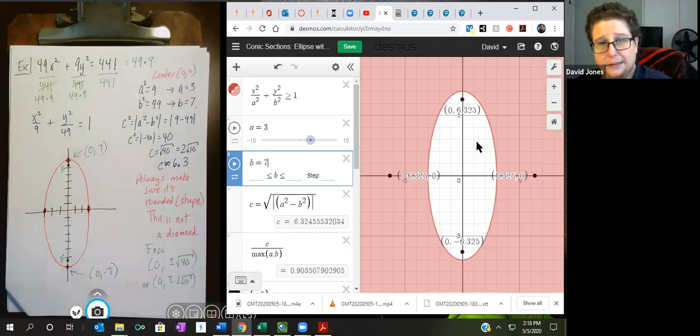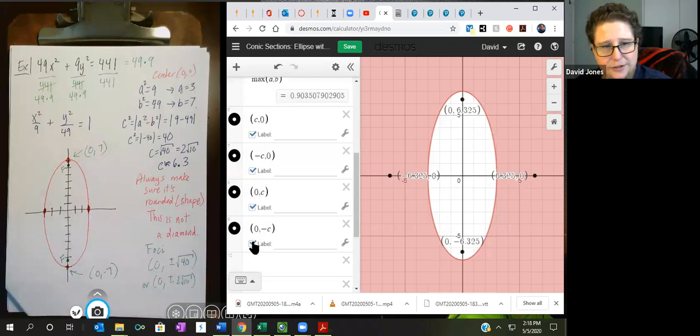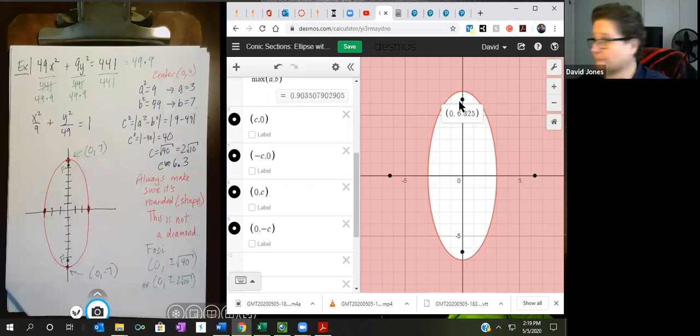That looks right. I'm going to take those labels off. Those are distracting. We can see the points. They're big black points. You put your cursor over it, it tells you where it's at, or you click on it. We can see it goes from -3 to 3, from -7 up to 7, just like our graph does.